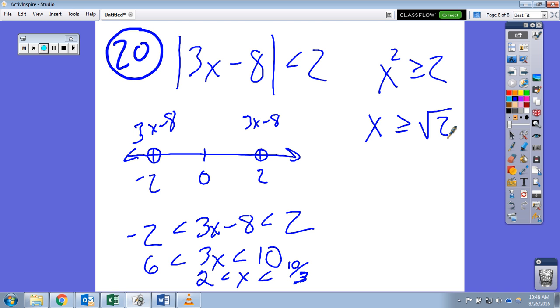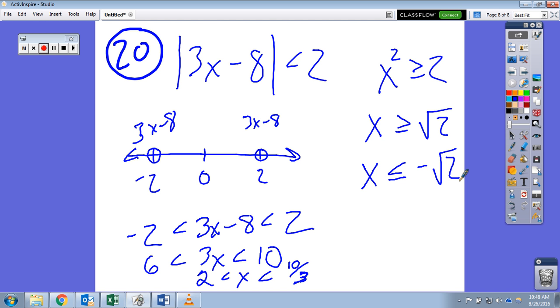And then what's the other statement? Because once it's squared, it's going to become positive, so plus or minus. x is less than or equal to negative root 2. It's a similar idea thinking-wise as before: once it's squared, that value is greater than or equal to 2.